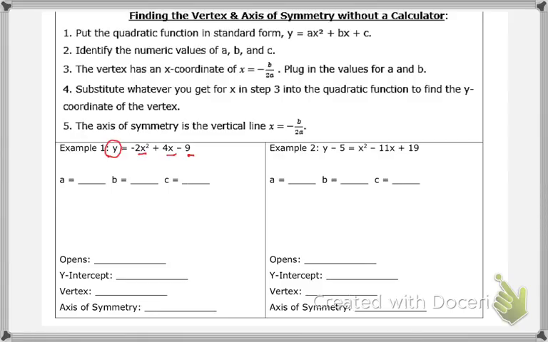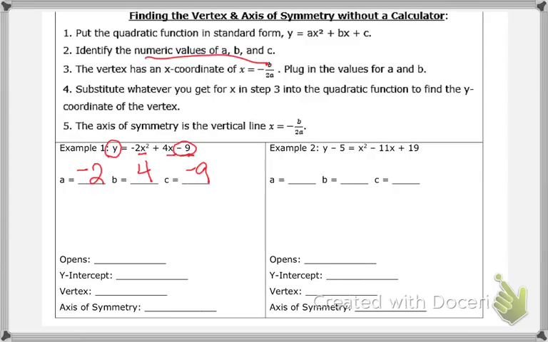That way it's easier for us to identify our numeric values. So my a, or my coefficient of x squared, is -2. My b, the coefficient of x, is 4, and my c is -9.